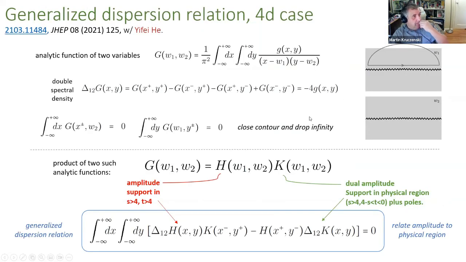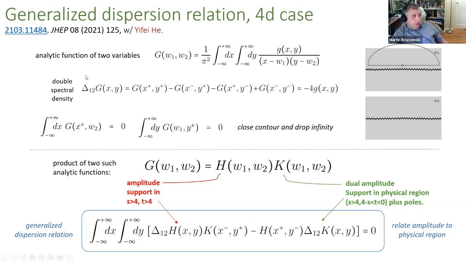And in this recent paper, last year's paper, we extended the ideas of this analysis, the generalized dispersion relations, to 4 dimensions, based on some simple complex identity that we found for any analytic function of 2 variables defined in terms of the double spectral density.